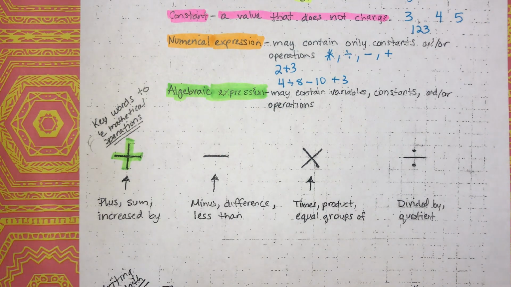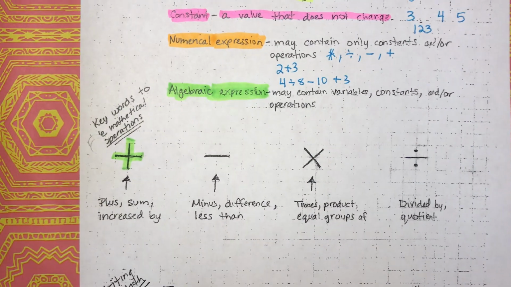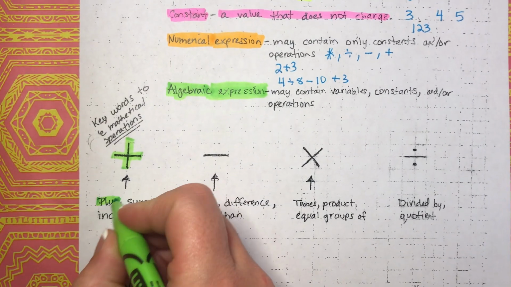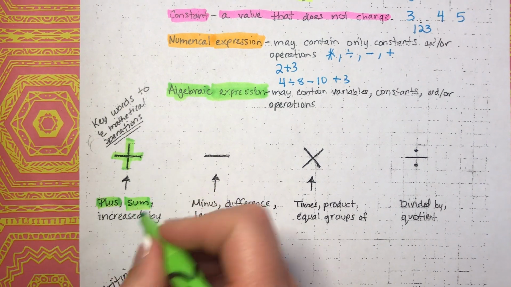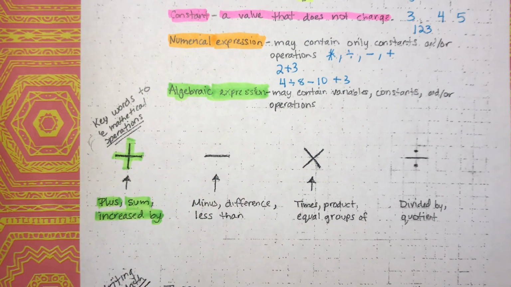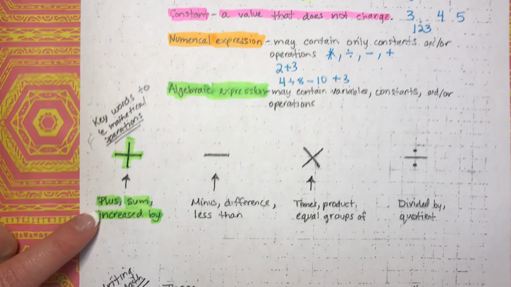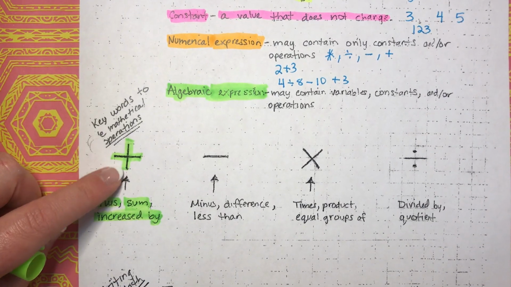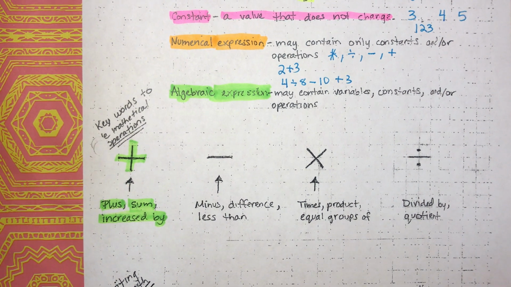Keywords for a plus sign would obviously be plus. Another would be sum or increase by. So anytime you're reading words and you see something that explains any of these words, you know you're dealing with the operation of addition. Okay? Let's go to the next one.